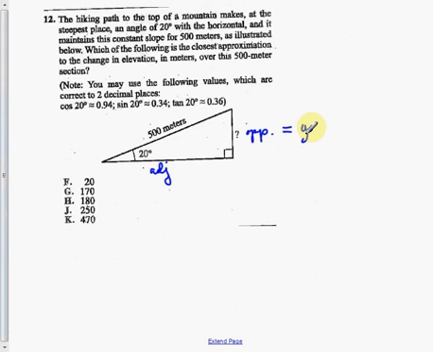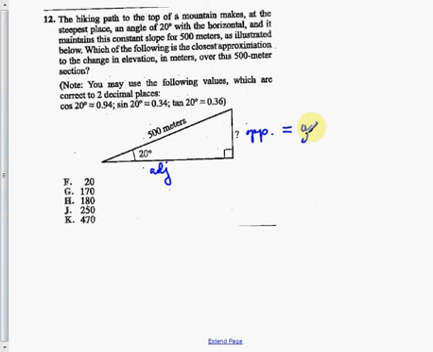So now to answer that question, you need to know: sine of angle 20 is equal to what form? Cosine of angle 20 is equal to what form? Tangent of angle 20 is equal to what ratio? Something over what? Then you think about that and put them together.